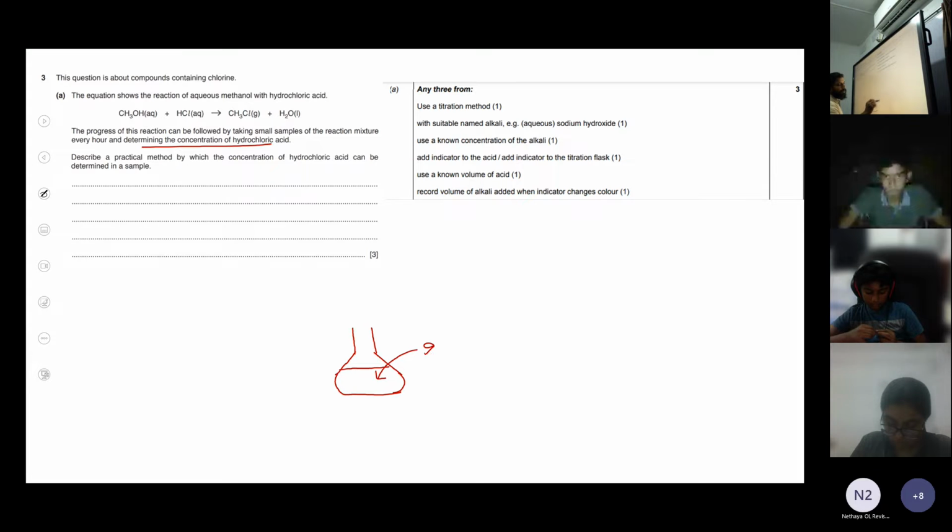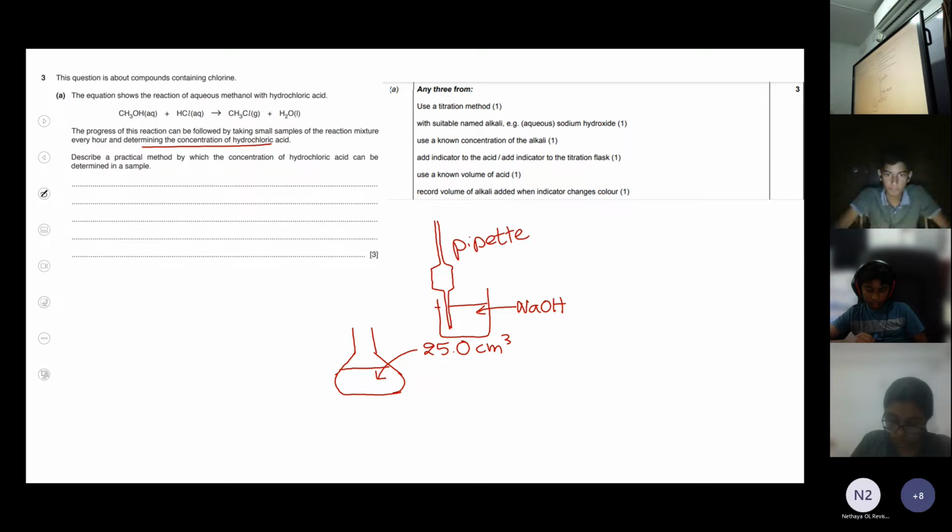In order to measure anything into the conical flask, you have to use something called a pipette. So suppose you take sodium hydroxide into the conical flask using the pipette. Use the pipette and transfer that into the conical flask.